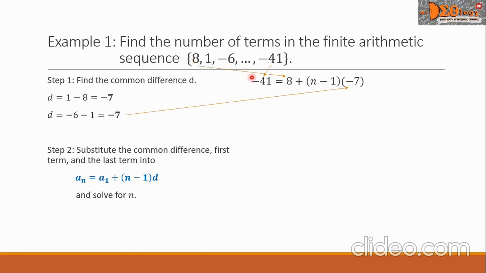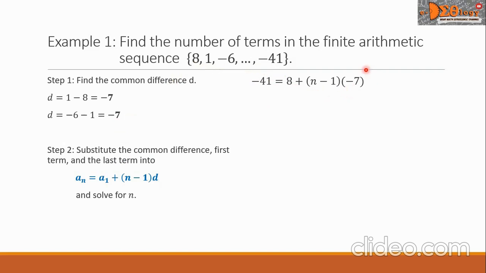So we have here -41 equals 8 plus the quantity n minus 1, we will just copy, times the D, which is the common difference that we got from step 1, so -7. Then we will simplify from here.